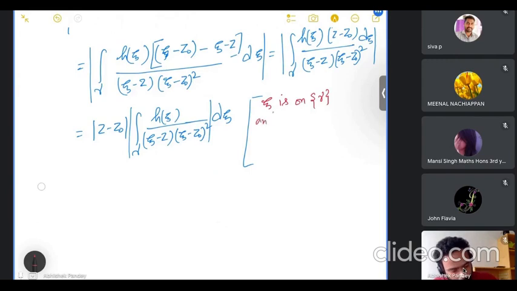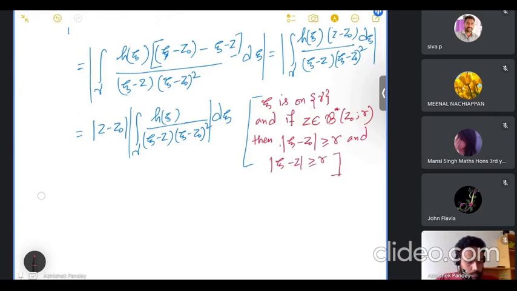And if z belongs to this ball B*(z naught, r), where star means z naught is not included, then modulus of xi minus z naught is greater than or equal to r, and modulus of xi minus z is greater than or equal to r.